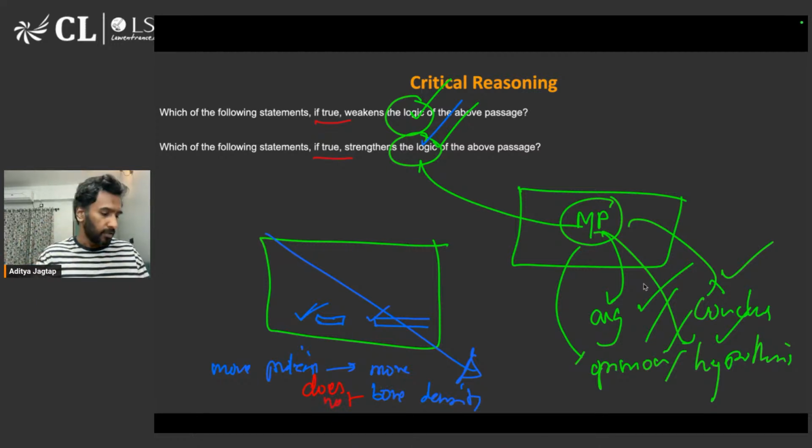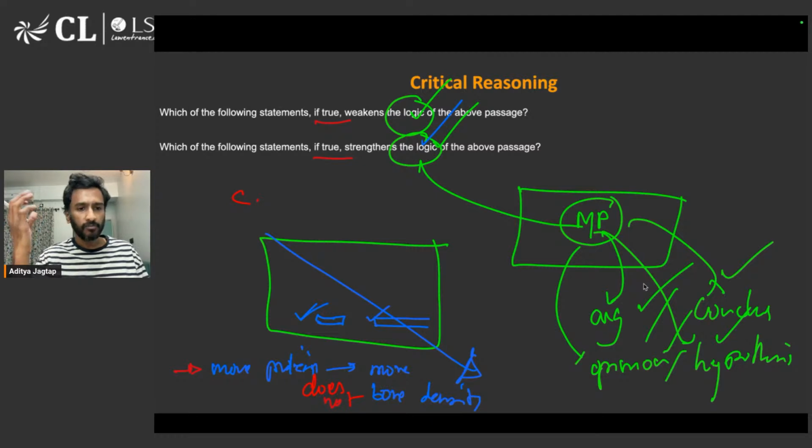For example, our logic here is more protein leads to more bone density in mammals. We want to weaken that logic. We want to find an option which will say more protein does not lead to more bone density. Let's say there was option C which said there's some species of fish found in some region.